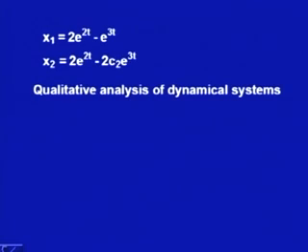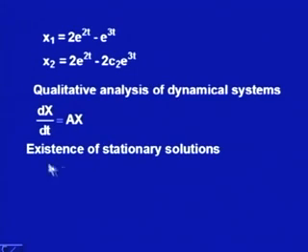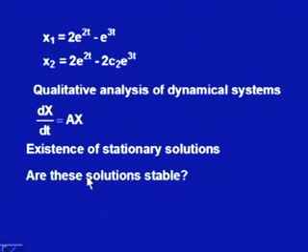Now, this can also be used in performing qualitative analysis of dynamical systems. By qualitative analysis of a dynamical system, I mean that for a given system dx/dt is equal to Ax, we may like to answer questions like existence of stationary solutions. That means, does the system have stationary solutions, or we may like to know, are these solutions stable.